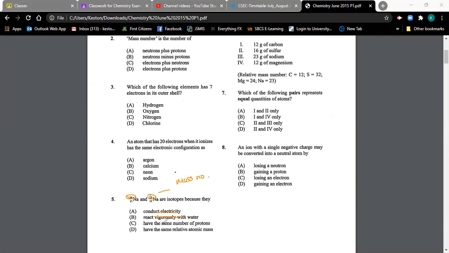Is that correct? They're not isotopes because they have the same, it's different. So this is wrong. But they do have the same number of protons though. Look at this, it's a kind of wrong question. They have the same number of protons, but they have different mass numbers. That's what makes them isotopes. So a little bit of lateral thinking there. Everybody okay with that one? Drop a 1 if you're okay with that. Pay attention to this. This is a tricky question that you could get.